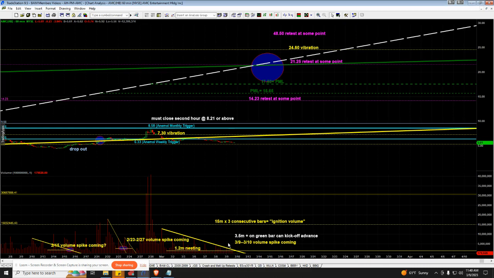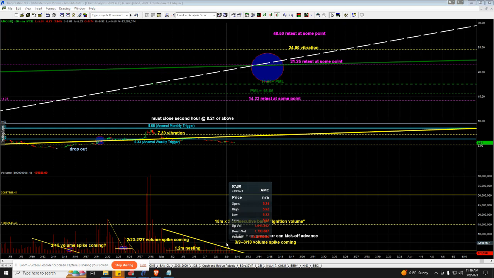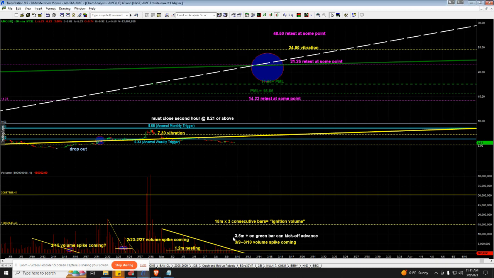So if the highest spiking red close 60-minute bar is 3,378,969, which is what this is, I want to see a green 60-minute volume bar paint through that. So I want to see a green bar close with volume greater than 3.378 million shares. So, instead of rounding it up to 3.4, I just went for 3.5. That'll make it a little more definitive.